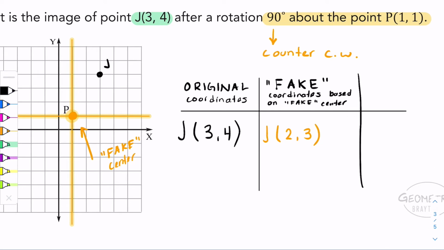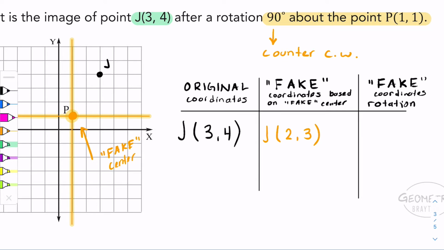For the next column, I am going to do the fake rotation or fake coordinates rotation. So if we're moving 90 degrees counterclockwise, our rule tells us that x comma y for the original coordinates is going to map onto negative y comma x.